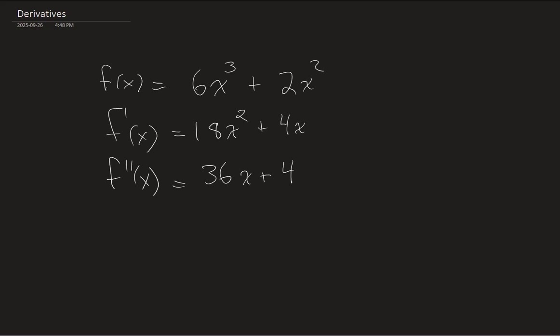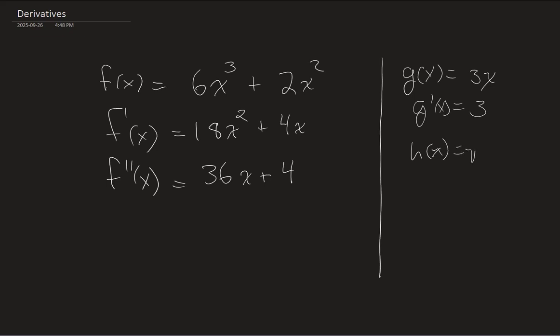So officially this is 4x to the 0 power, but you don't write that because x to the 0 power is just 1. So what that means is anytime you see something like g of x equals 3x, the derivative of that is just 3. If I had h of x equal the square root of pi times x, square root of pi is just a number, h prime of x equals square root of pi.